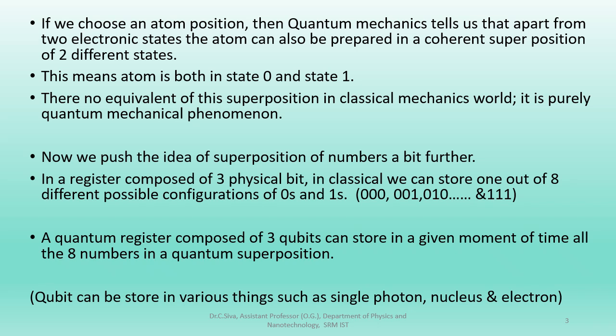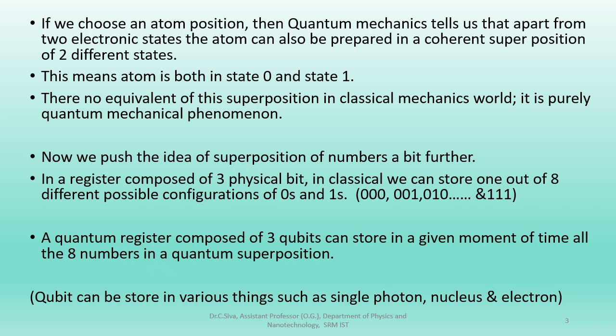Let's see superposition and the quantum register. Quantum mechanics introduces a completely new behavior called superposition. An atom can exist in a coherent combination of two states at once, meaning it can represent both 0 and 1 simultaneously. This has no classical equivalent. When we scale this to a register, classical bits store only one configuration at a time.